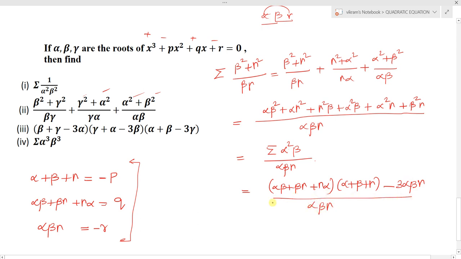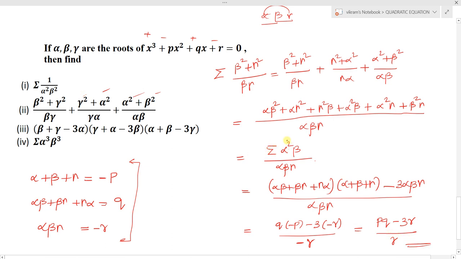Simply substitute: alpha beta plus beta gamma plus gamma alpha is q, alpha plus beta plus gamma is minus p, so q into minus p, minus 3 into alpha beta gamma which is minus r, by alpha beta gamma, which is minus r. Taking minus as common, we can write this as pq minus 3r by r. Pq minus 3r by r is the required result.